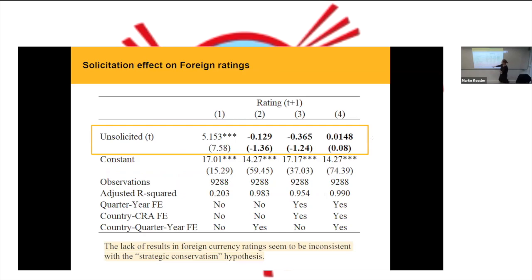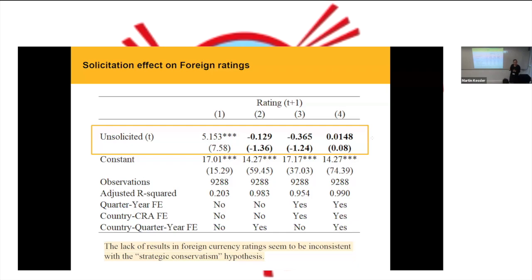There is just this first column where, if you are an unsolicited rating, you're most likely to have a higher rating, like the case of France or the US having most likely unsolicited ratings. But for the rest of the results here, nothing shows up as statistically significant. Therefore, we argue that this seems to be inconsistent with the strategic conservatism hypothesis.